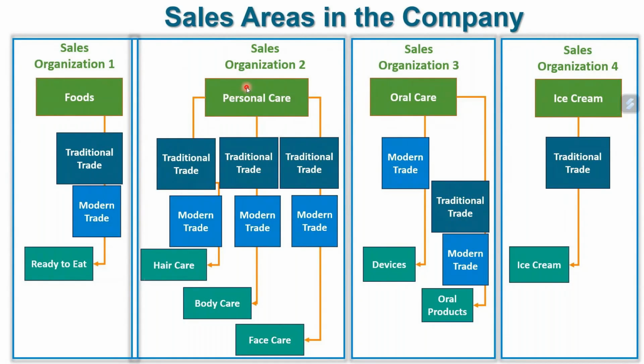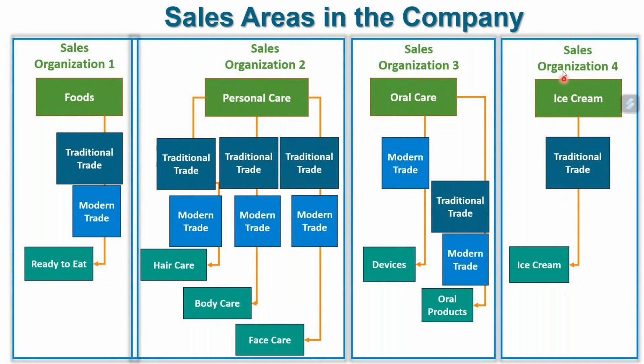Personal care sold through traditional trade, and body care is the type of product. Personal care people selling through modern trade, and body care is the type of product. Okay. Similarly, ice cream sales organization guys selling the traditional trade route, okay, which is the mom and pop store route. And what are they selling? They are selling the ice cream division, ice cream line products.